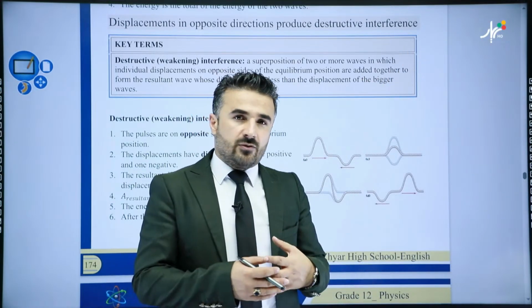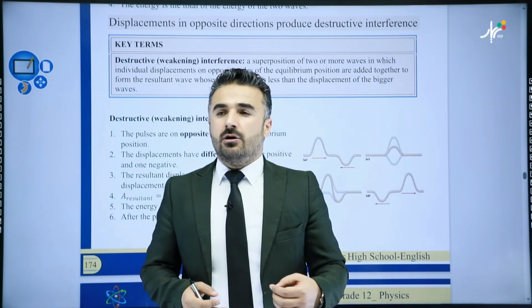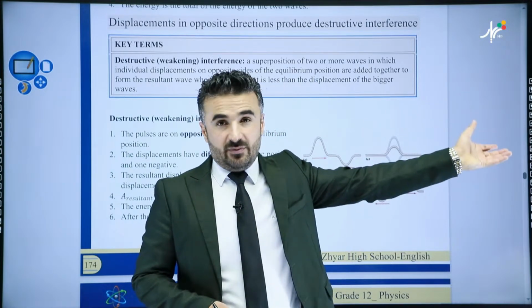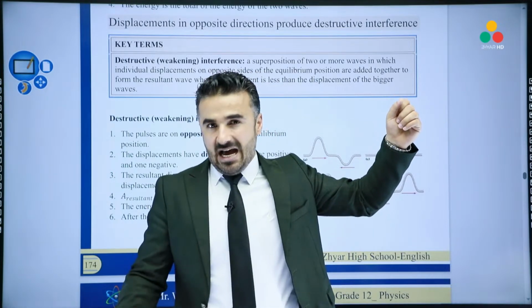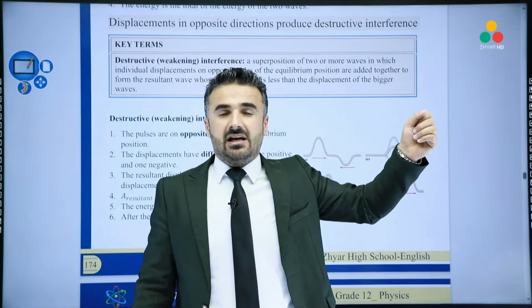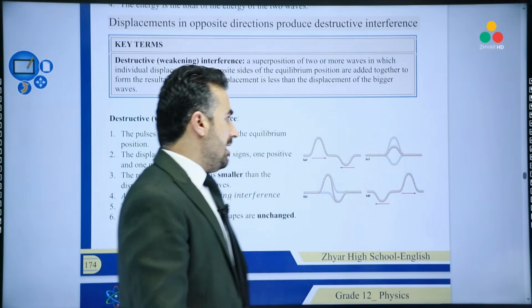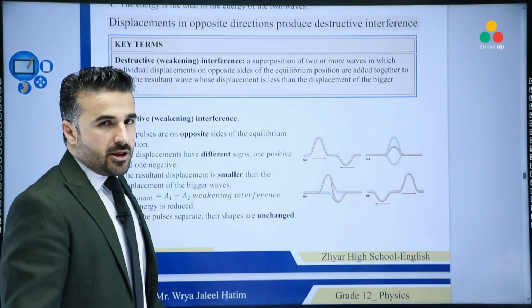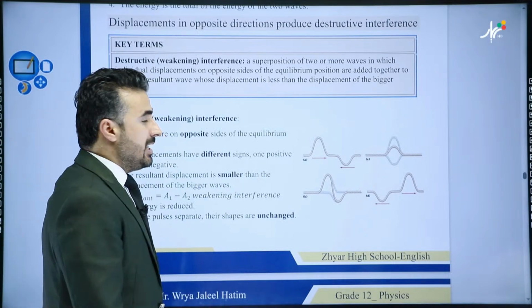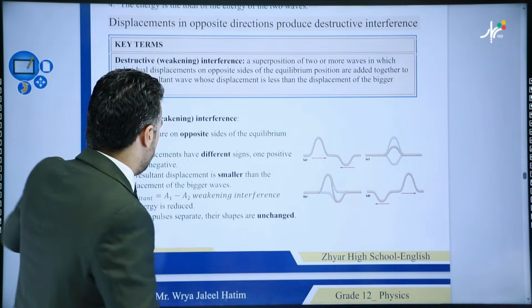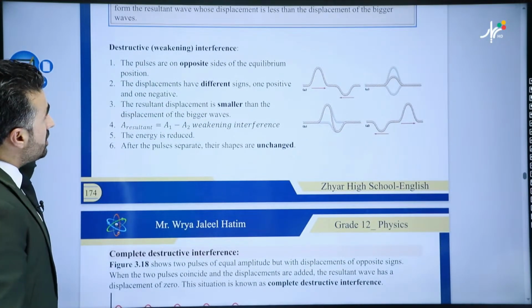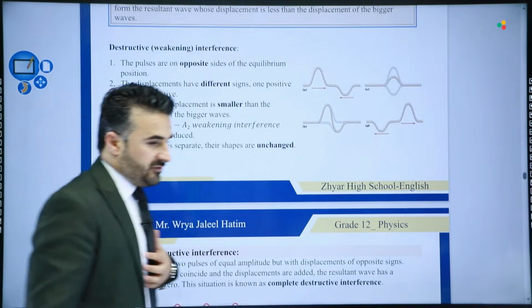And then once they meet, of course, we add their amplitudes together. Okay, if it is positive, we add them, but we give it a positive sign. If negative, we add them, but of course we give the negative sign back. Okay, but we are going to add their displacement, or we'll add their magnitude of displacement if I disregard the direction.